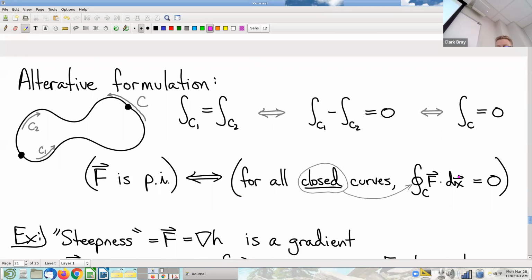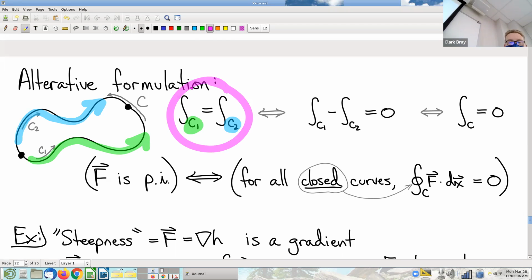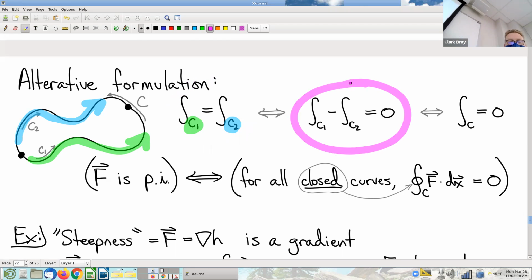So here's another way to say path independence. This has some neat applications. We're going to see it later on, not today. Notice that if you have two line integrals being equal to each other, so the integral on C1 and the integral on C2 are the same, well, another way to say that is that their difference is 0.